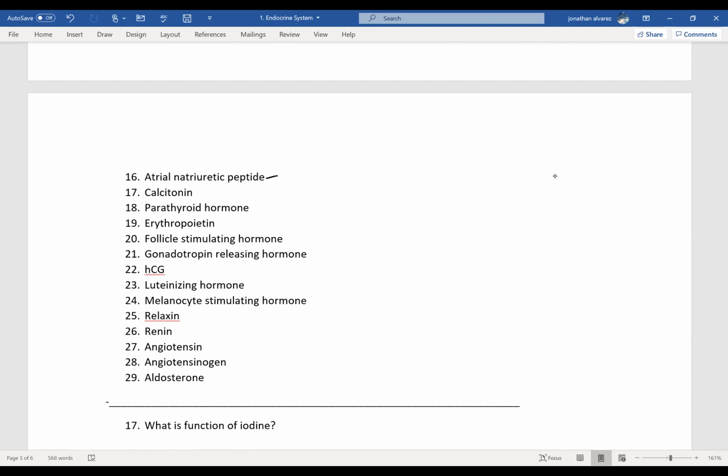Okay, atrial natriuretic peptide. If you think, all right, hold on. The atria is in the heart, and Na is sodium.